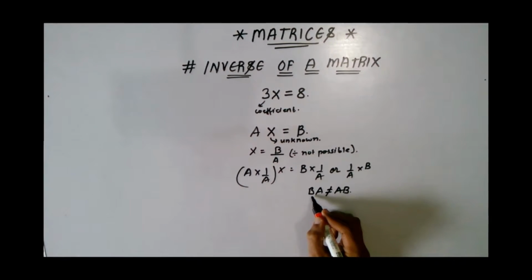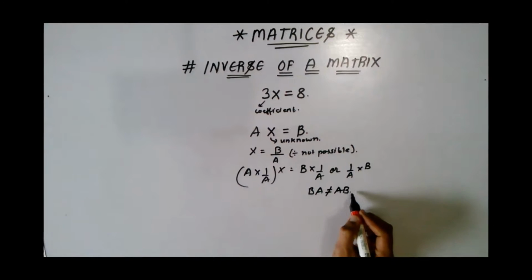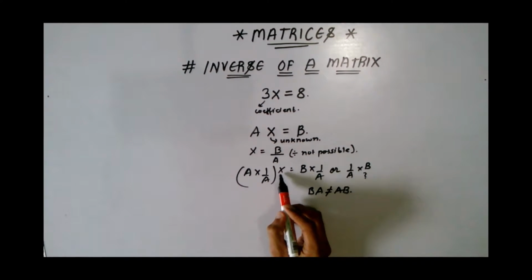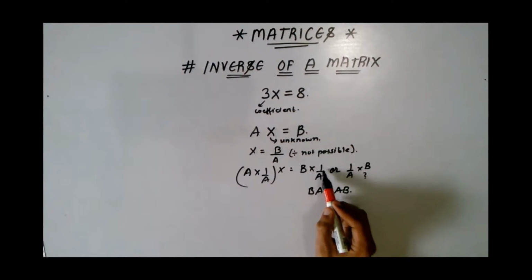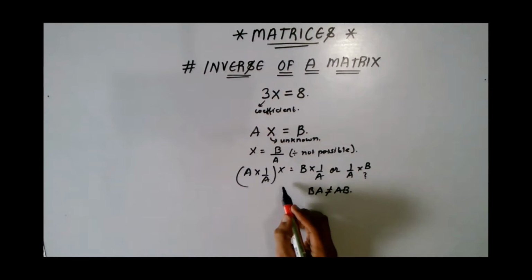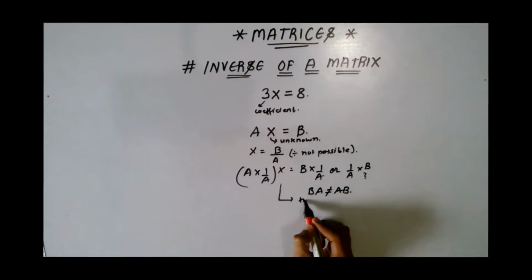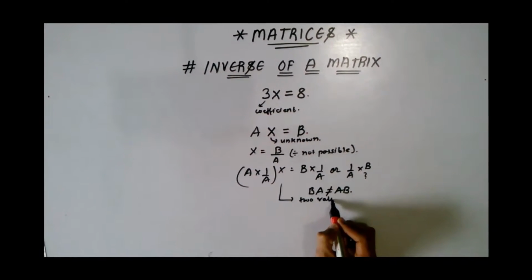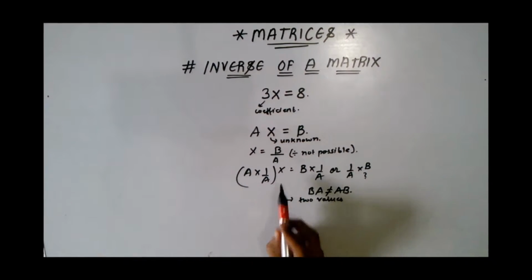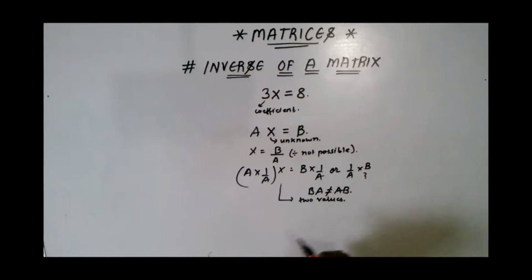That is, BA is not always equal to AB. So we would not be sure whether the value of x is B multiplied by 1 by A or 1 by A multiplied by B. So here we would get two values and we wouldn't be sure which one is the true value of x. So this is where the concept of inverse of a matrix comes into picture.